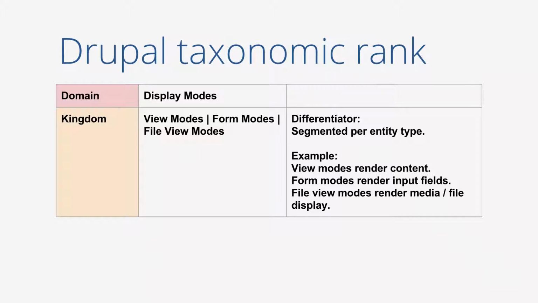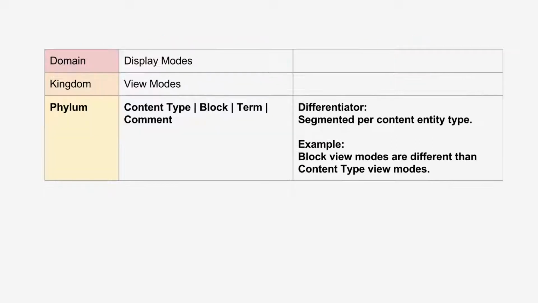Also in Drupal 7, you have the ability to extend file formats with file view modes. So the differentiator is segmented per entity type. When I talk about entity type, we get down to content entity or form entity earlier.